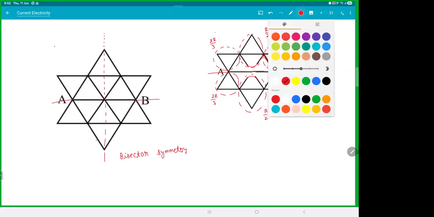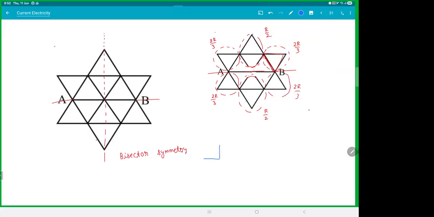Now if I redraw the circuit, this thing actually looks like this. Resistor, resistor, resistor. So this is B, this is A, this is the 2R by 3. This is that middle one, R by 2. This is the 2R by 3.